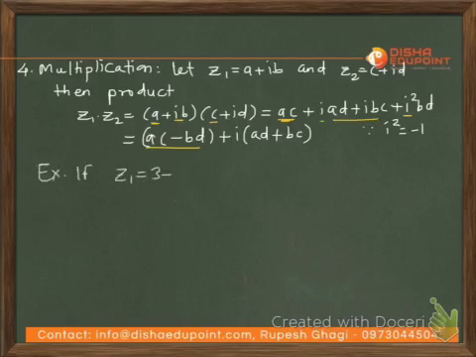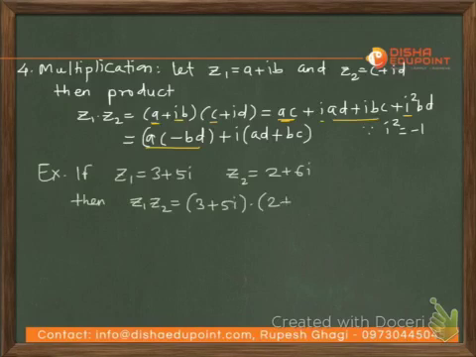Example, if z1 is equal to 3 plus 5i and z2 is equal to 2 plus 6i, then z1 into z2 will be equal to 3 plus 5i into 2 plus 6i. We will multiply step by step now. 3 into 2 is 6. 3 into 6i is equal to 18i. 5i into 2 is 10i and 5i into 6i is equal to 30i square.